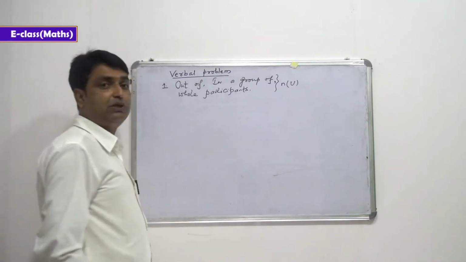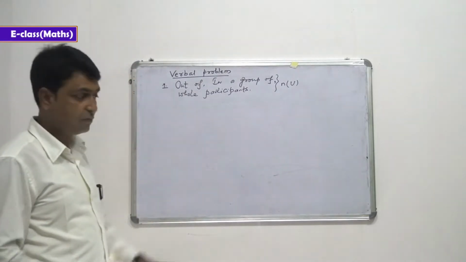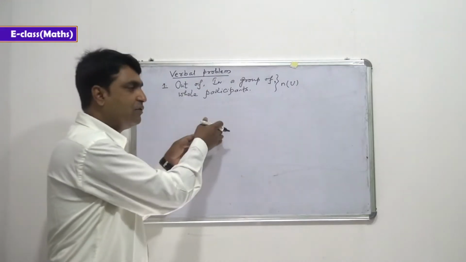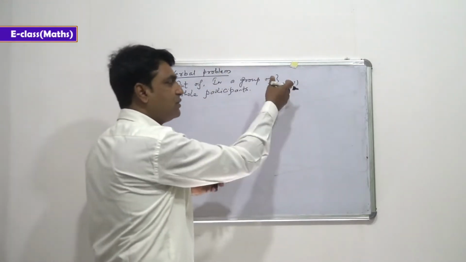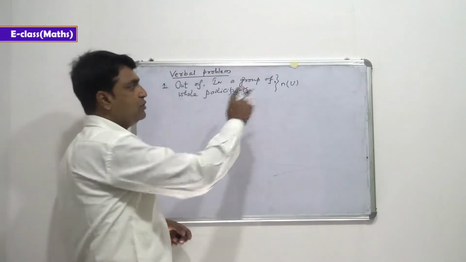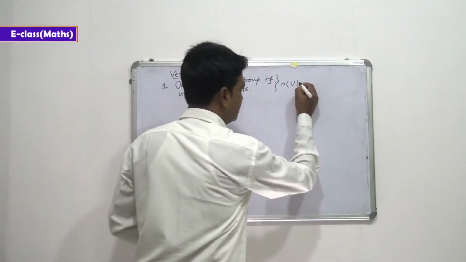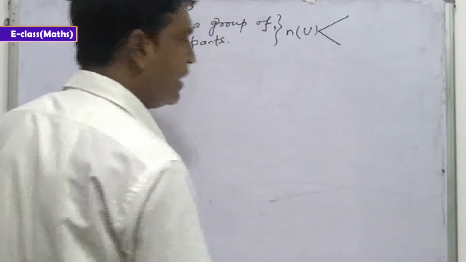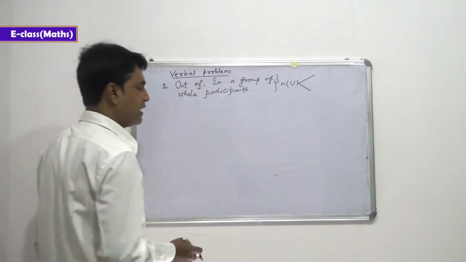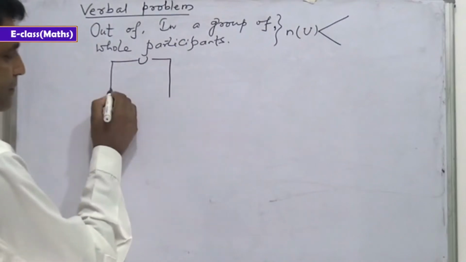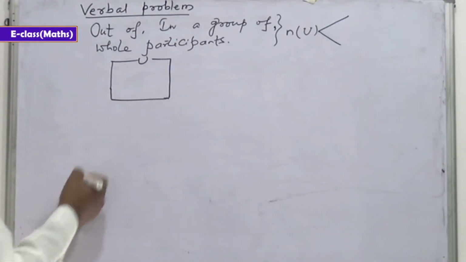What are the formulas to be used there? That is what we are going to discuss right now. This is the terminology in language, and this is the terminology in set language. So N of U, concentrate here. This refers there. Better we go through an example by Venn diagram. I will draw it. See here.